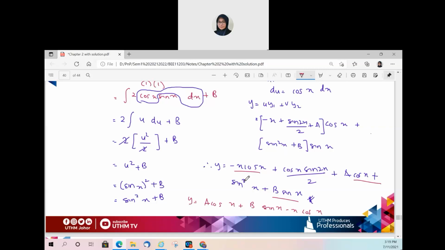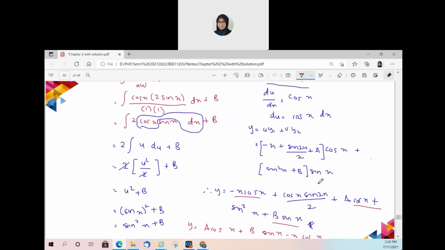So how do we do it? How do you do it? You use trigonometry. Cos x sin 2x over 2 is equal to this part.